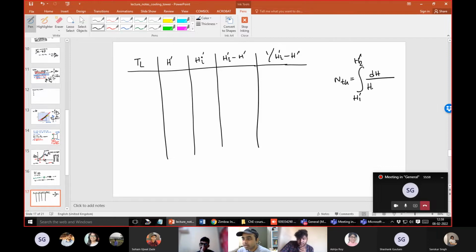This is the form. Let us say you choose different temperatures from 30 to 45 degrees centigrade of the water temperature. You can choose every 5-degree interval. That is easy to choose.